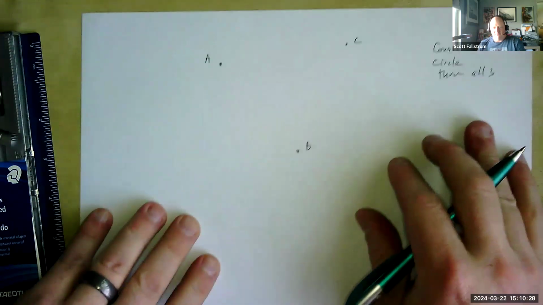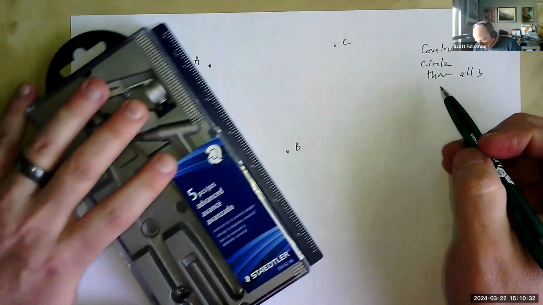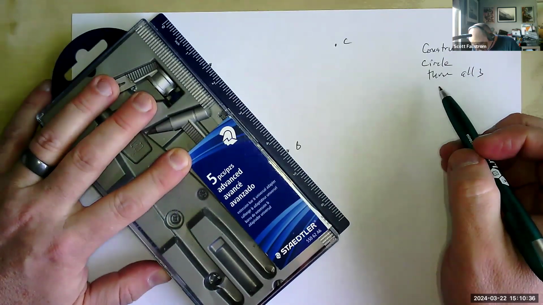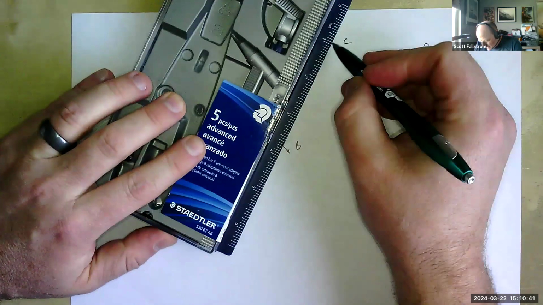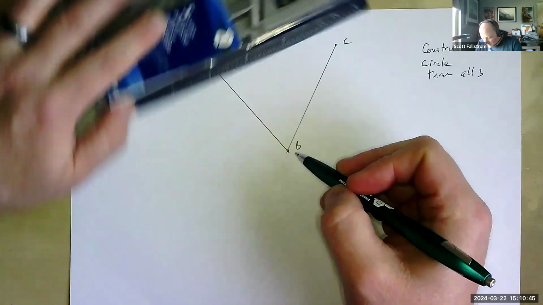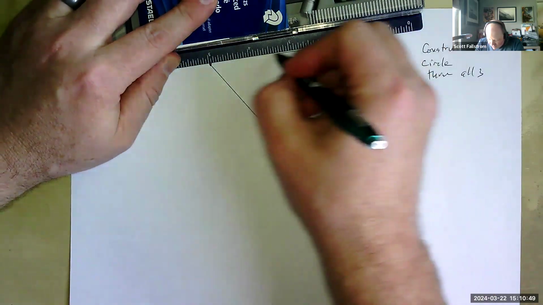And let's go to the next one. I give you 3 points and I say construct a circle that goes through all of them. All right. Well, if you want to, you could build this triangle. This is one that we kind of did in class. Maybe we did it with paper folding. And you could basically say, I have this triangle.